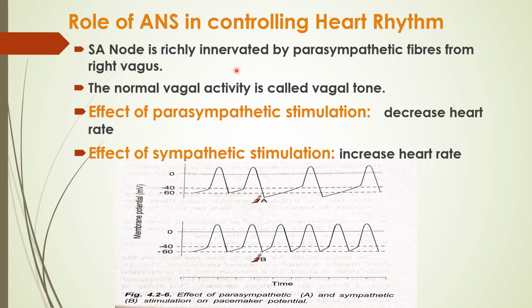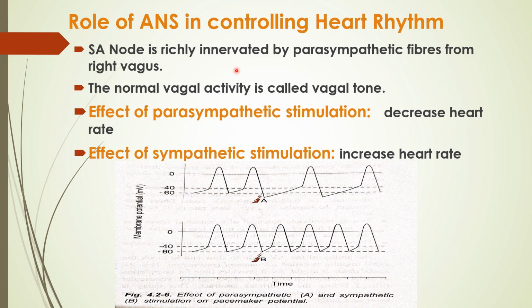So this hyperpolarization slows the firing rate of SA node from its automatic rate of 90 to 120 impulses to the actual heart rate of 72 beats per minute.